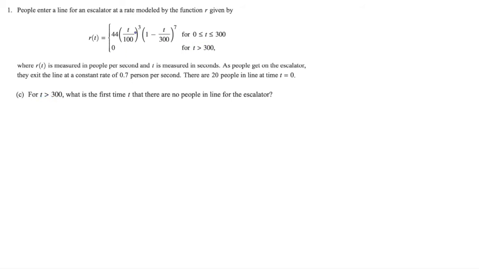This means we don't need to use this equation anymore. We don't really need what happens from 0 to 300. We need what happens after 300, which is this one. And as we can see, the rate is 0 because after 300 seconds people are not entering the line. So we just need to consider this rate, the leaving rate.